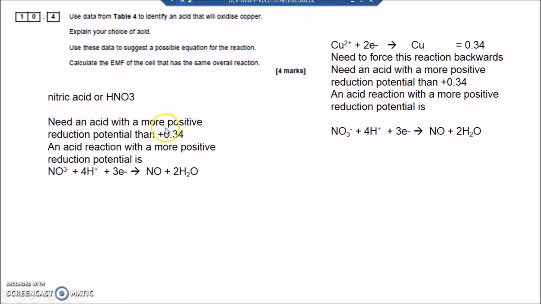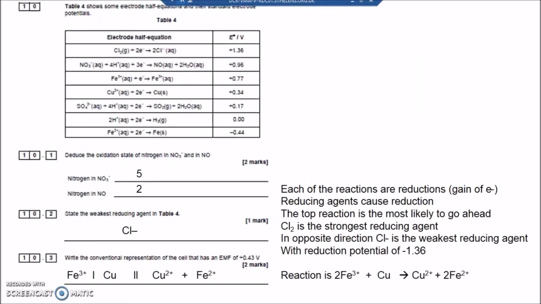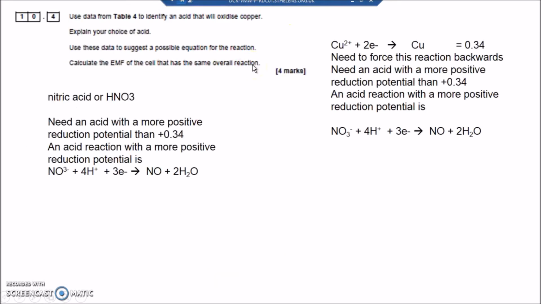Explain your choice of acid. Well, this acid has got a value of plus 0.96, which is larger than the plus 0.34. So the copper will go backwards, go Cu to Cu2+ and 2 electrons.